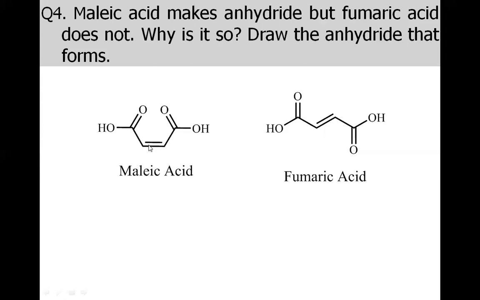The maleic acid is the cis isomer, and the fumaric acid is the trans isomer. And we know that the carbon-carbon double bond is not rotatable because of the presence of the unhybridized p orbitals, which are lying perpendicular to the sigma framework, which restricts the rotation.